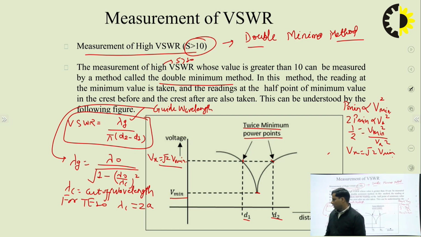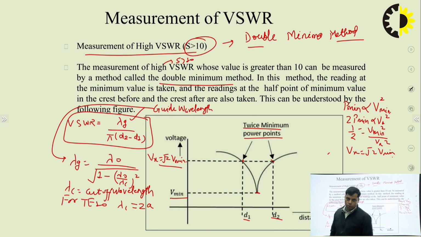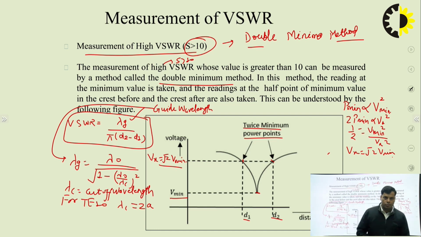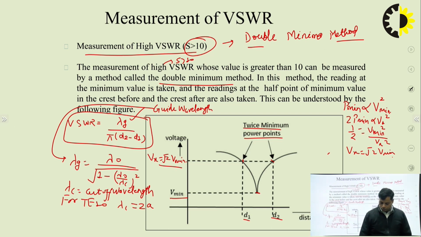With this we can calculate the value of VSWR, where D1 and D2 are the two minimum points. Because of this, the method for high VSWR is named the double minima method. So this is for the measurement of VSWR.